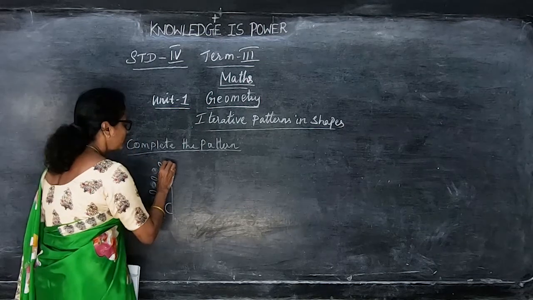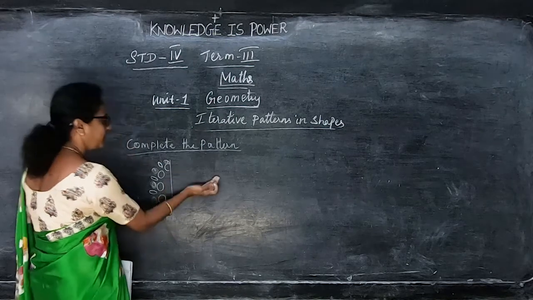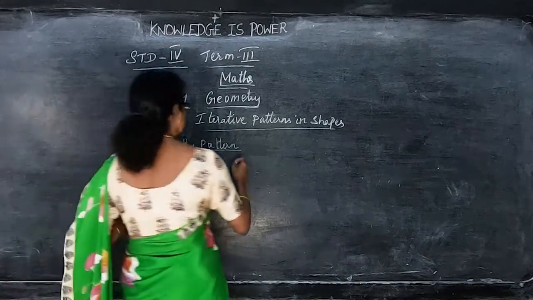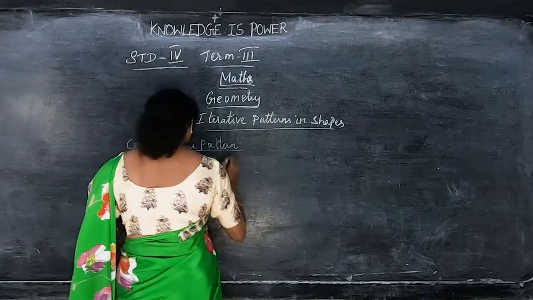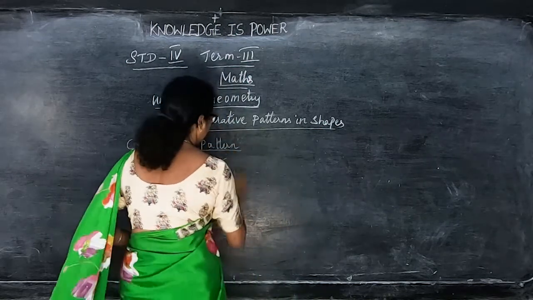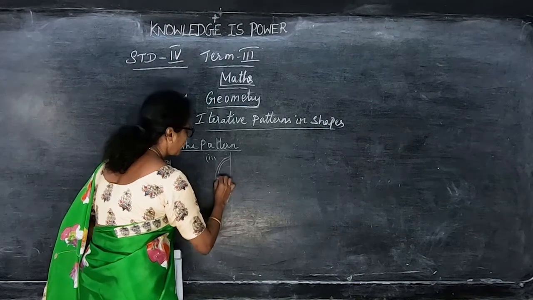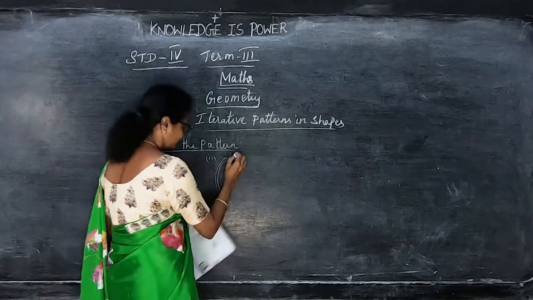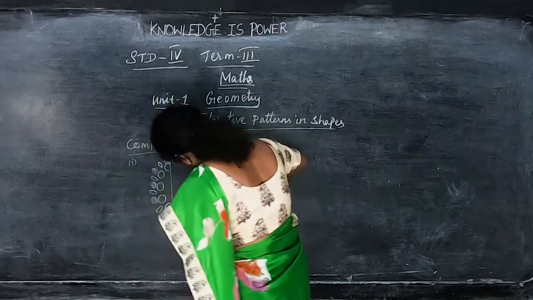So you have to complete the half, complete panninga. This is the first one and the second one is a semicircle.